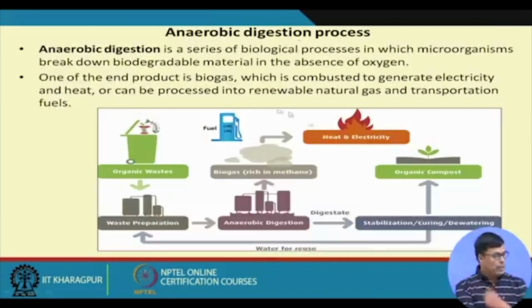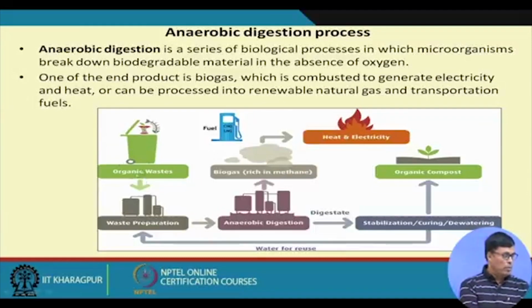Anaerobic digestion is a series of biological processes in which microorganisms break down biodegradable organic matter in the absence of oxygen. One of the end products is biogas, which is combusted to generate electricity and heat, or can be processed into renewable natural gas and transportation fuel, as I mentioned before.